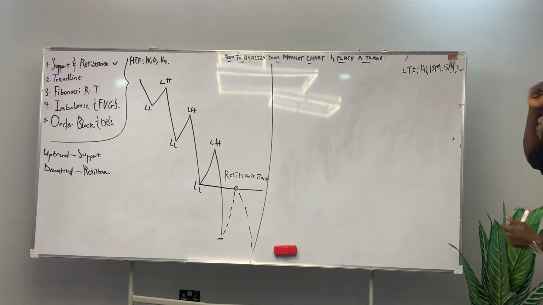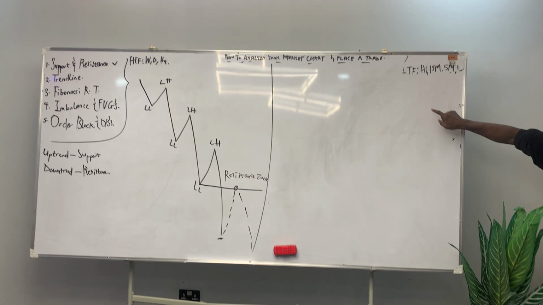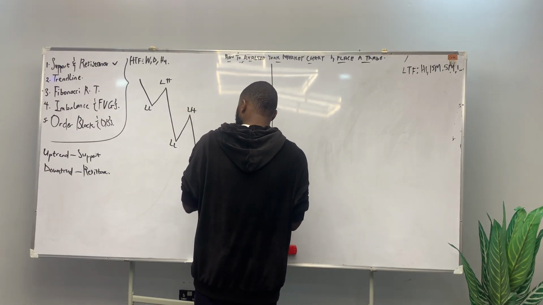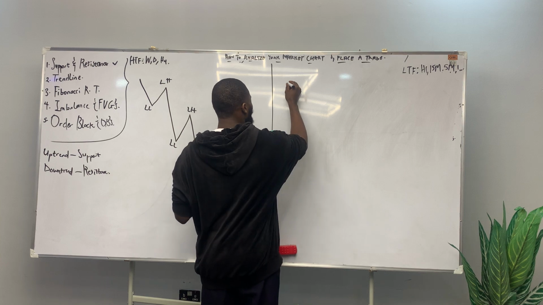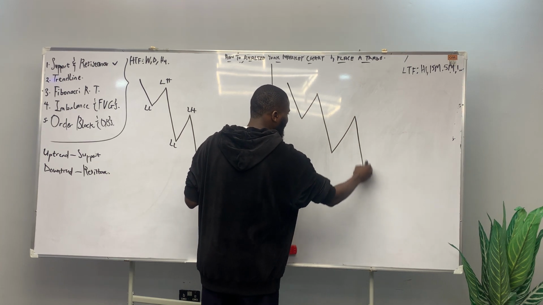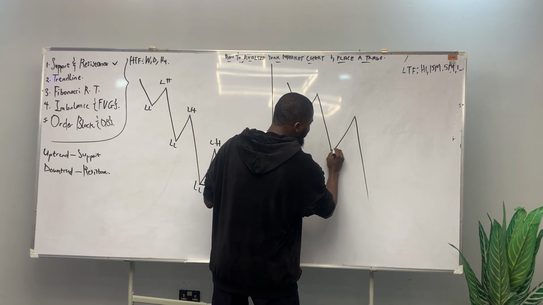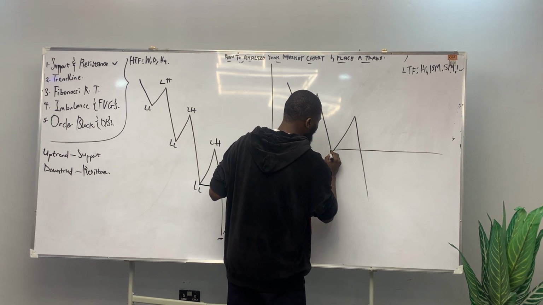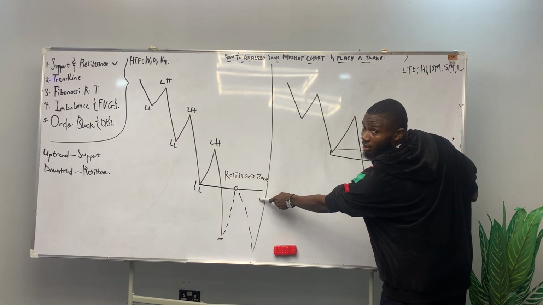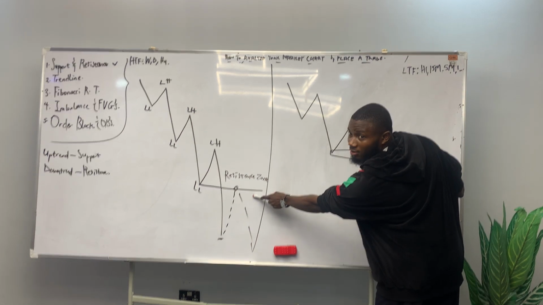So look, lower time frame, right? H1, 15 minutes, and 5 minutes. Like this, like this. So this is the resistance zone, that's this line here now.